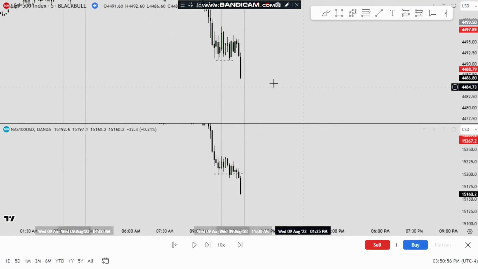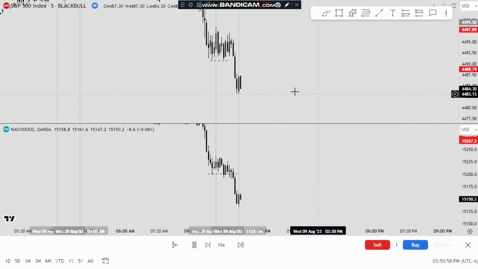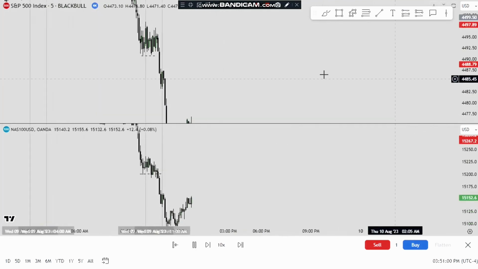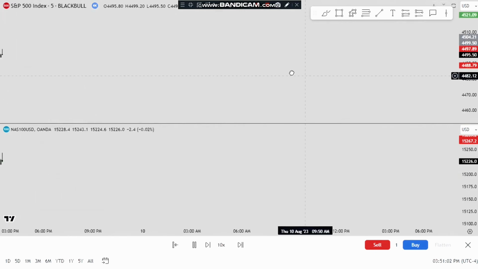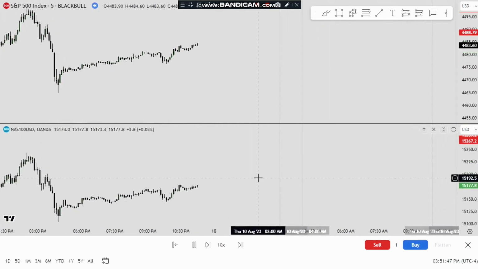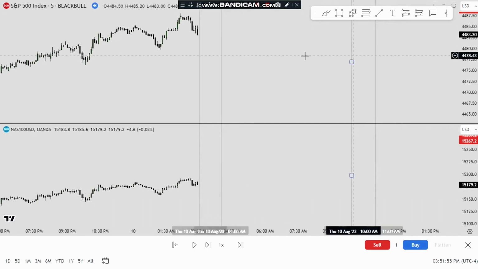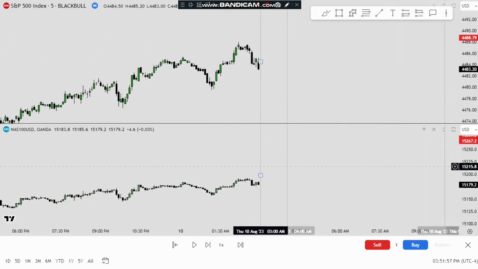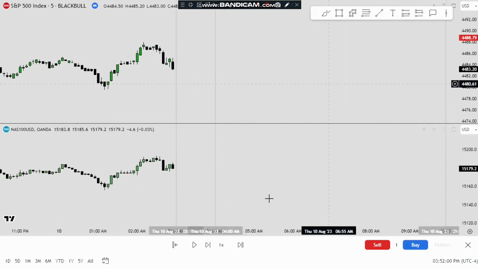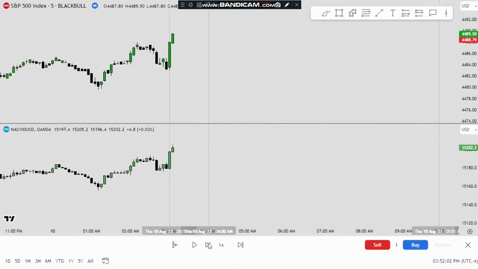And then let's see what happens in the next window, 3 to 4 a.m. Okay, so let's see if we get any trade here.